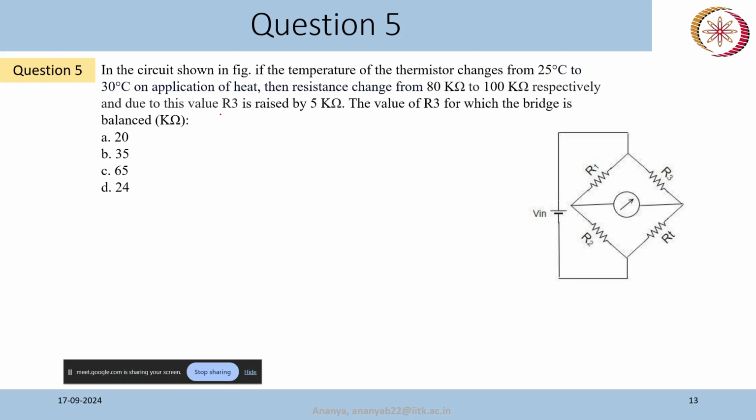And due to this, the value of R3 is raised by 5 kilo ohm. Find the value of R3 for which the bridge is balanced. These are the options. So what is the correct answer?